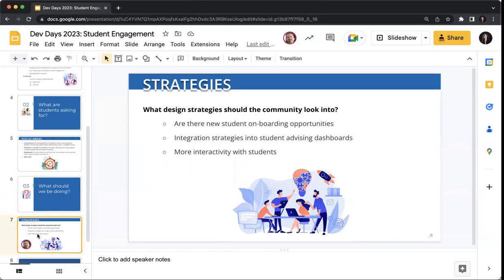Maybe that could include adding a suite of student advising dashboards. Maybe there's an opportunity to put in some new student onboarding opportunities.